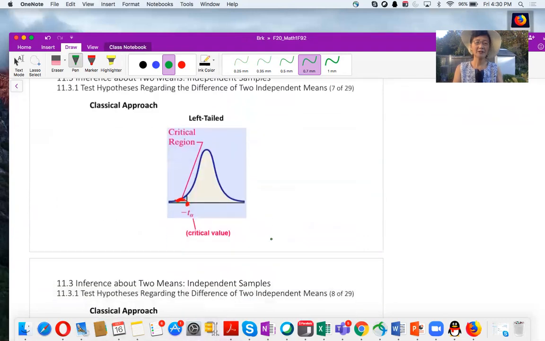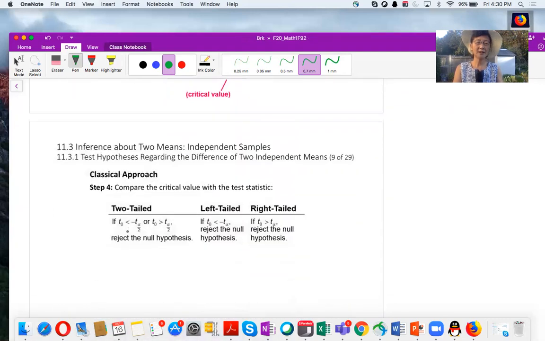This is what is said in this table. When do you reject H0? When the test statistic is in the rejection region. When you have a left tail, if the test statistic is in the rejection region, reject H0. And when you have a right tail test, if the test statistic is in the rejection region, reject the null hypothesis.